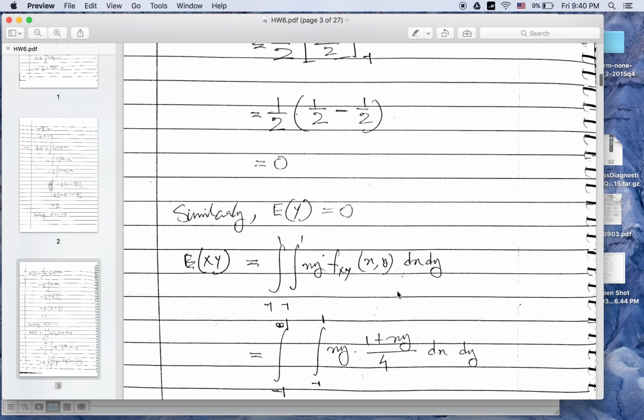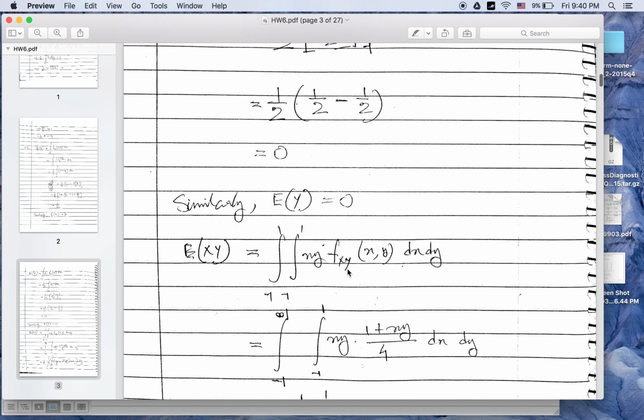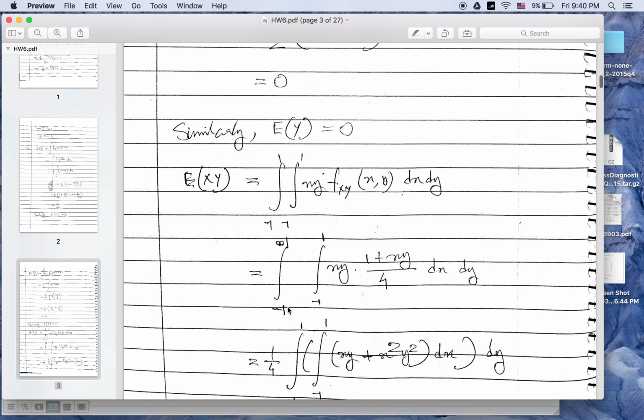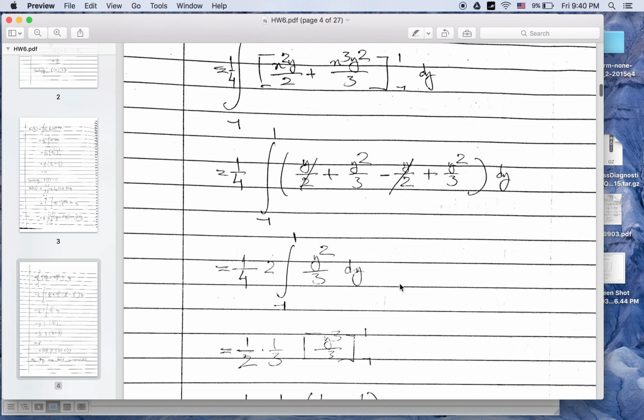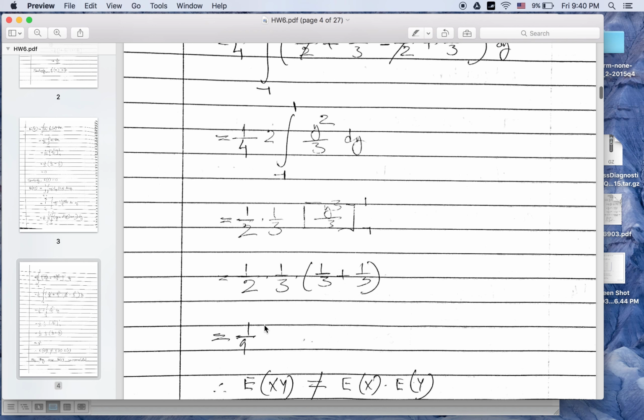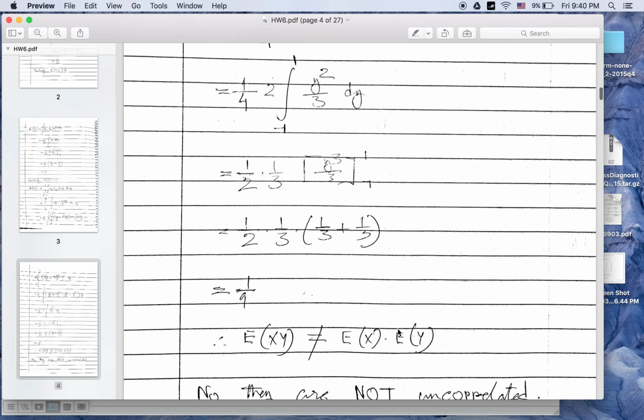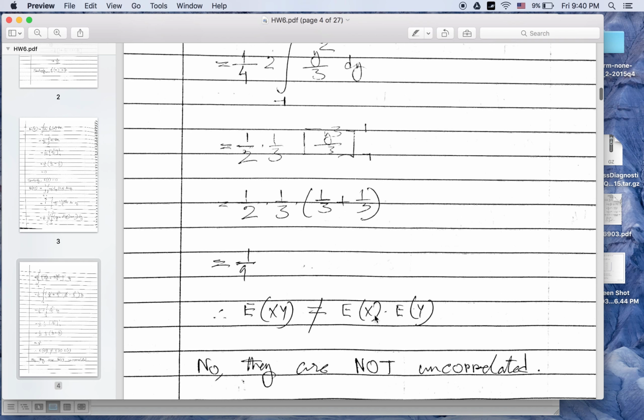We put the values of f of xy and integrate over -1 to +1, and we find that the expectation of xy is actually 1 by 9. For two variables x and y to be uncorrelated, the expectation of xy has to equal the expectation of x times the expectation of y, but this is not the case. So x and y are correlated, that is, they are not uncorrelated.